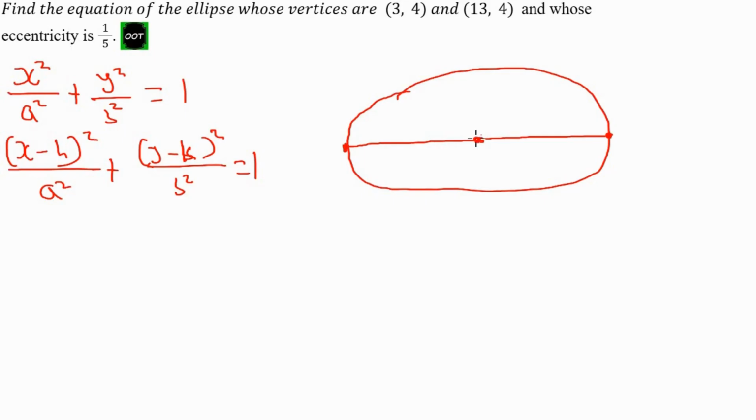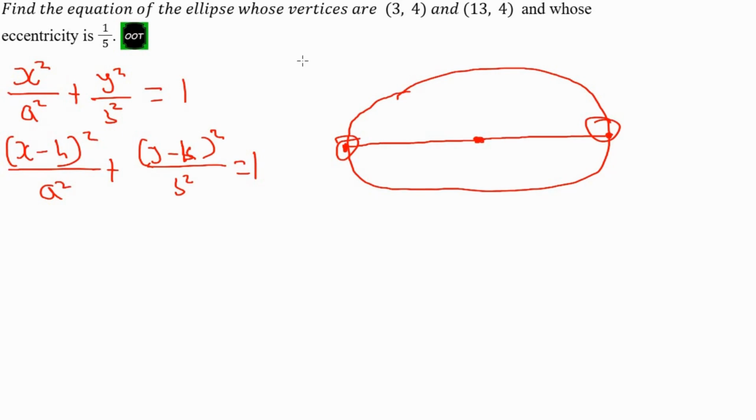We are trying to find the coordinates of the midpoint of the line segment joining the two coordinates we have here. Because the midpoint of the line segment joining the two points will correspond to the coordinate of the center of the ellipse. Am I communicating? So that's what we are trying to do.